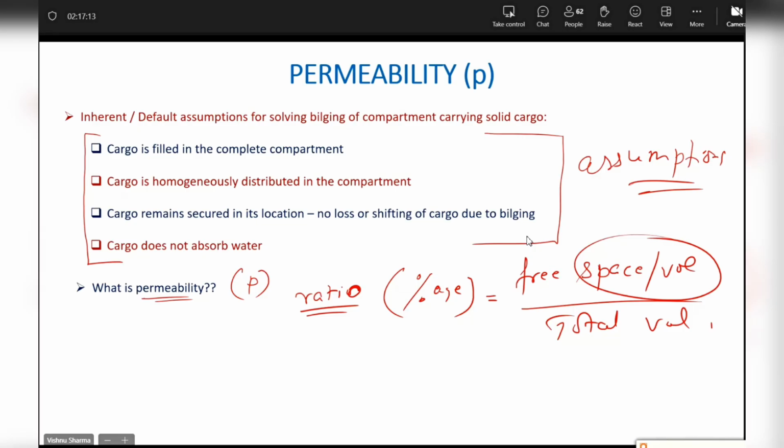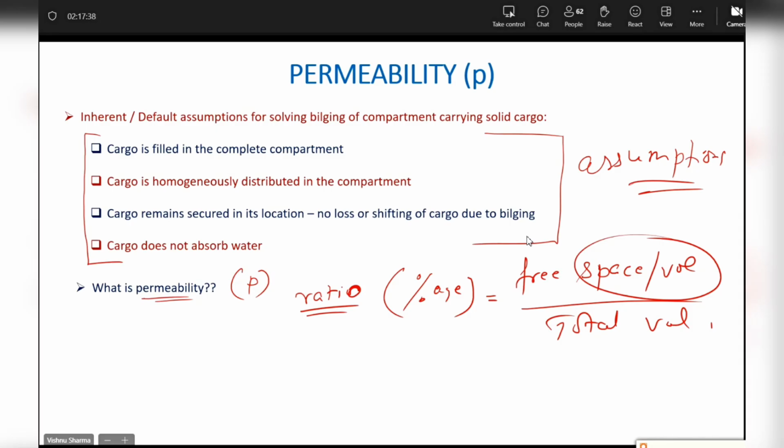Right, sir. Then I was trying to explain this through an example. I was saying that suppose there is a cargo space whose total volume is 1000 cubic meters. And if you say permeability is 40%, that means 40% of this volume is free for the water to occupy. That means 400 cubic meters of water can come in. 600 cubic meters is occupied by cargo.